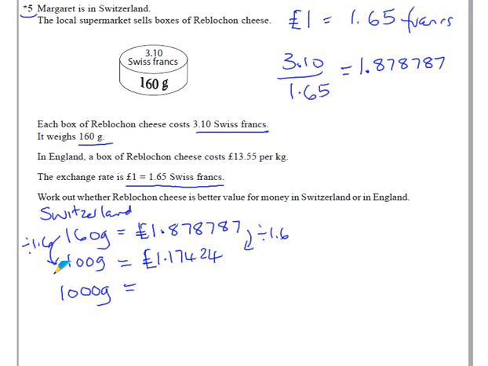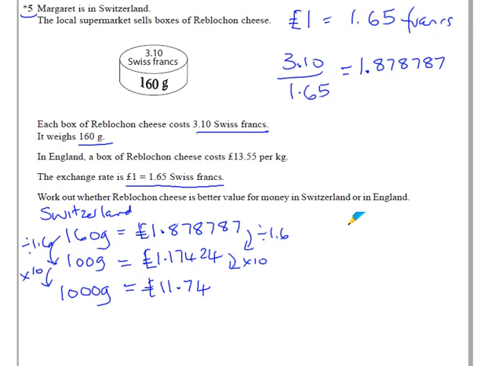We're now going to find out the cost of 1,000 grams by multiplying by 10. And we're going to multiply our currency by 10 on this side. 1,000 grams is then equal to £11.74. Okay, the next digit would be a 2, so it stays down at £11.74. That's 1,000 grams in Switzerland.